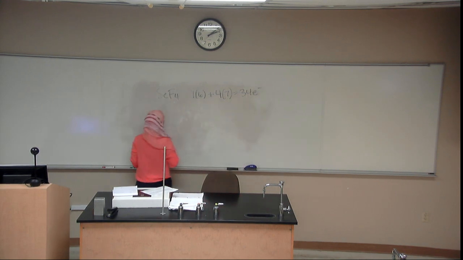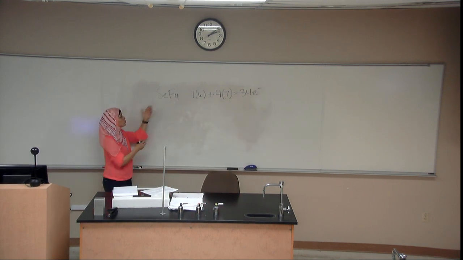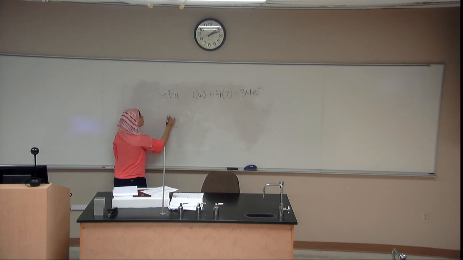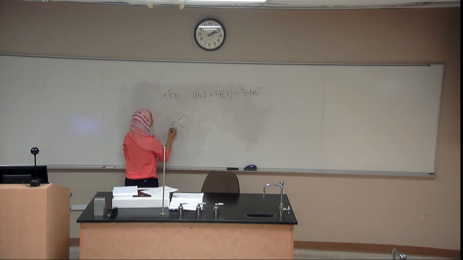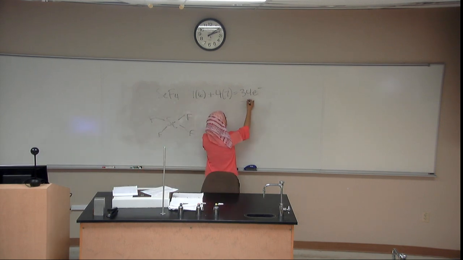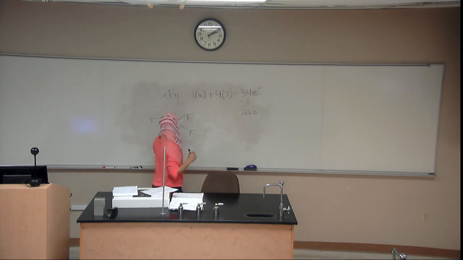Now you want to put selenium as your central atom. How many connections must you make here? You need 4 connections. So 1, 2, 3, 4, fluorine, fluorine, fluorine, fluorine. So you use 8, which means you have 26 electrons left.